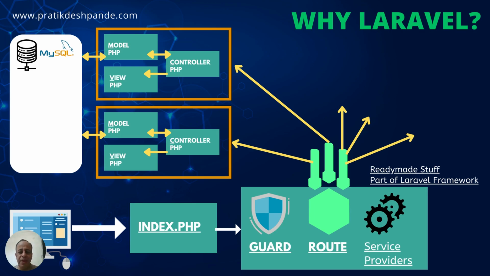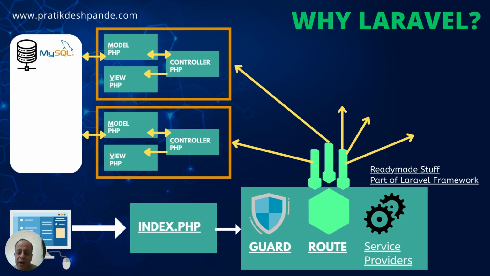So in a typical Laravel application, how it happens: see, this is the client which is requesting a website, let's say your domain shopx.com, right? So the request goes to index.php, then index.php hands over that request to the Laravel framework over here. We will see this in detail in upcoming sessions. So here this framework takes care of the guard.